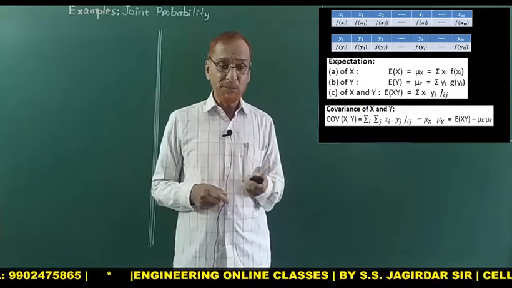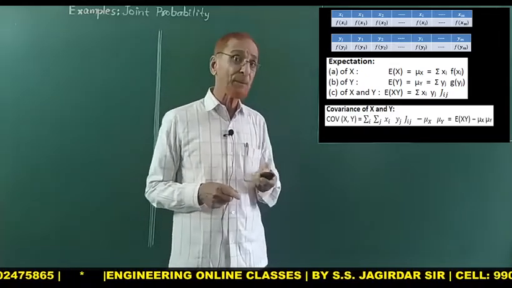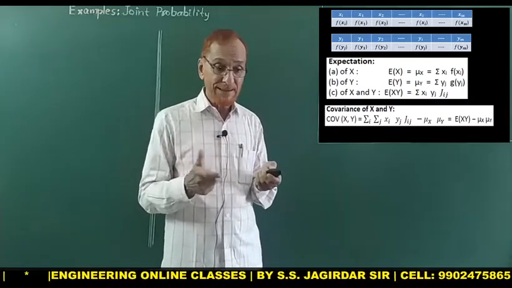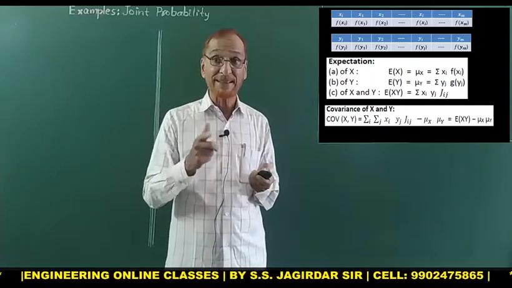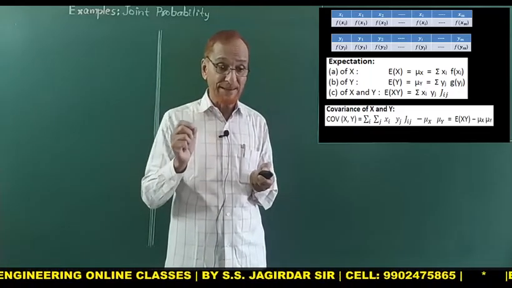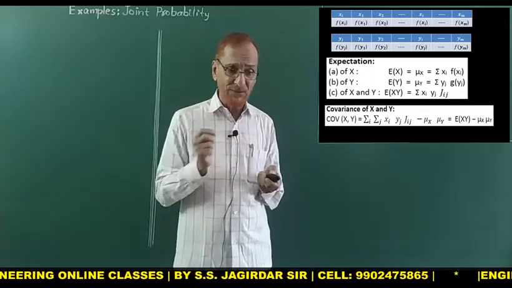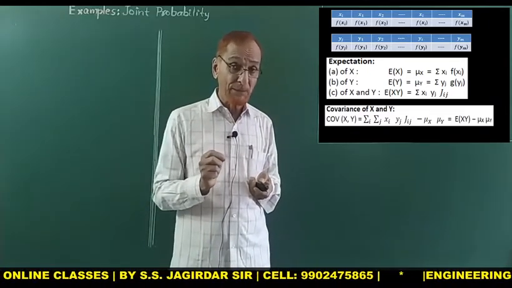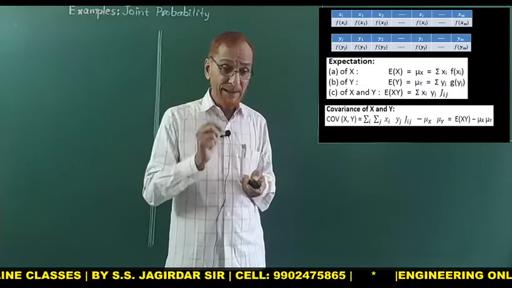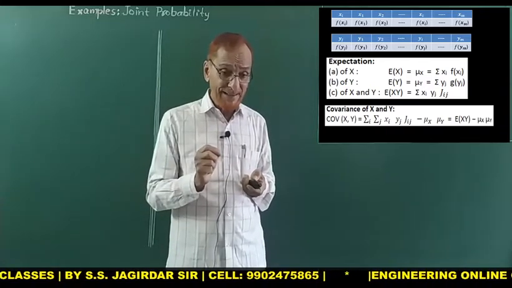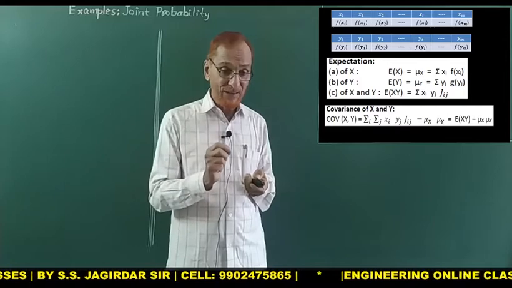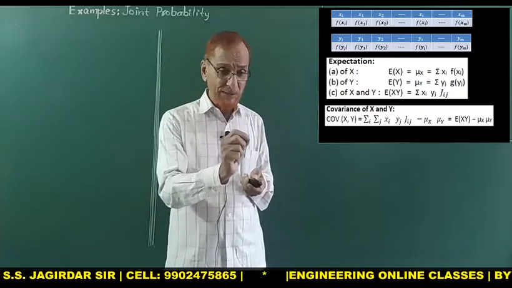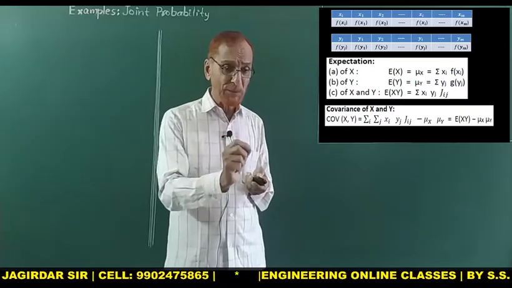When you get expectation of x, expectation of y and expectation of xy, next is the covariance of x and y. As we have discussed, the symbol is the double sigma: sigma sigma xi yj Jij minus mu x, that is expectation of x, mu y, that is expectation of y.